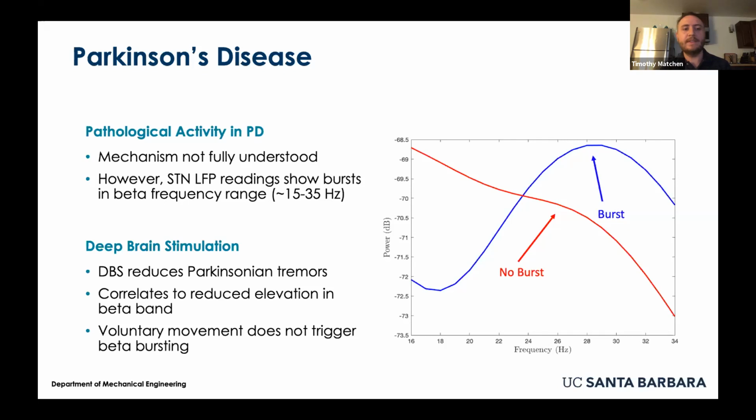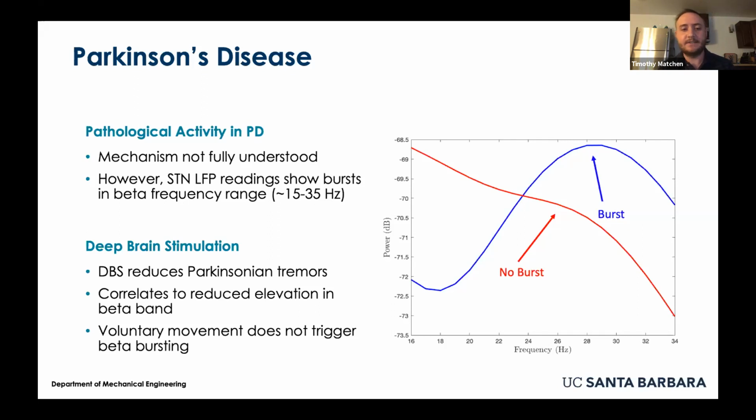That being said, one thing that we do know is that if we look at the subthalamic nucleus and we look at local field potential readings, we see elevated activity in the beta band, or the beta frequency range, which in this case we talk about as being between roughly 15 to 35 hertz.